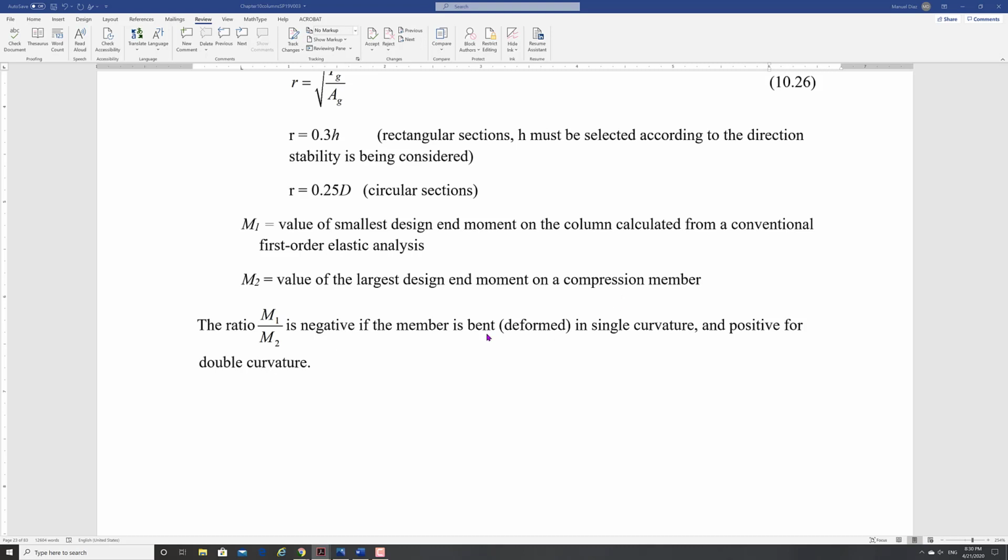The reason for this is that single curvature is the worst for the effect of being unstable, all right? So it has a negative effect, so we make it negative. For a double curvature, your column bends in two directions, like an S shape, yeah? A double curvature will be an S-shape bending, right? In that case, that is much better for buckling, all right? So then it's positive.